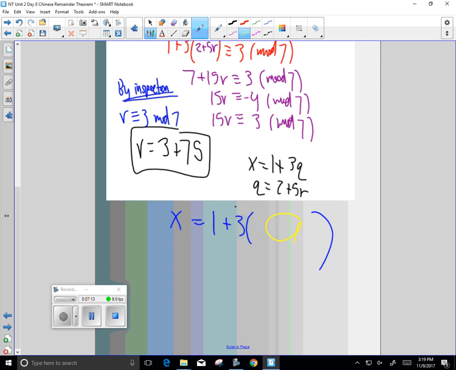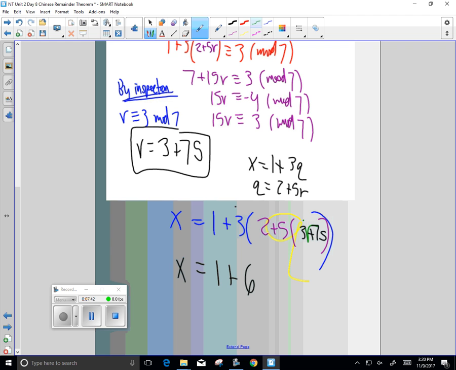Remember, this is Q. And then for Q, you put in 2 plus 5R. So now we're going to put an R in here. And R is 3 plus 7S.